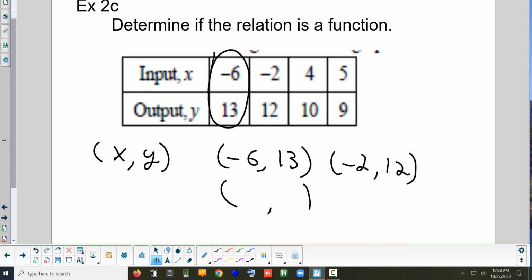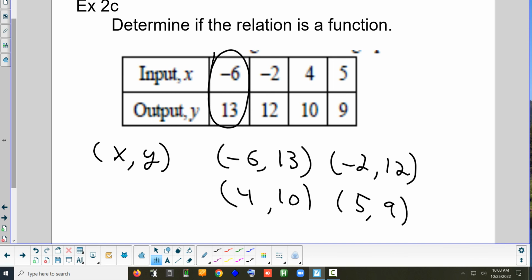Yep. 4, 10. And how about the last one? What does that last column in the table tell me if I write it as a coordinate? Oh, Emily? 5, 9.